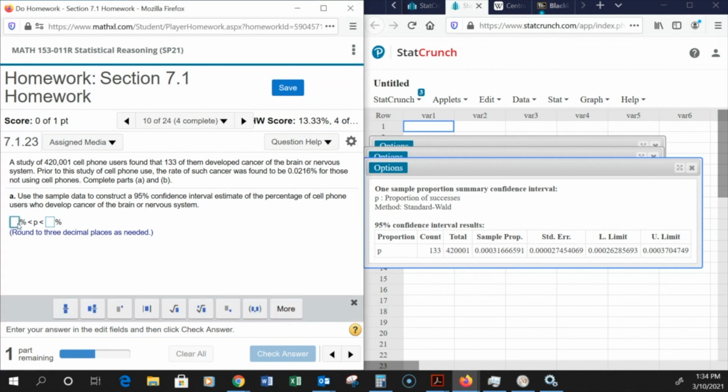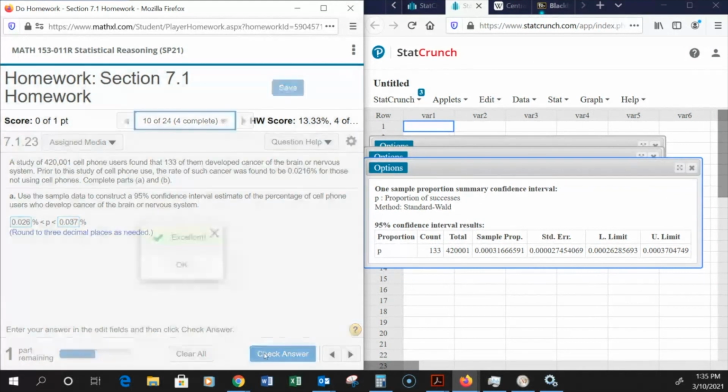They want 3 decimal places. 0.026, and this other one is 0.037. What we are saying is that we're 95% certain that the true proportion of people who get brain cancer after using a cell phone is somewhere in this interval. That's what that means.